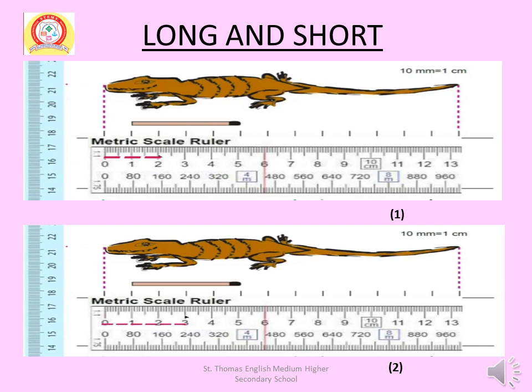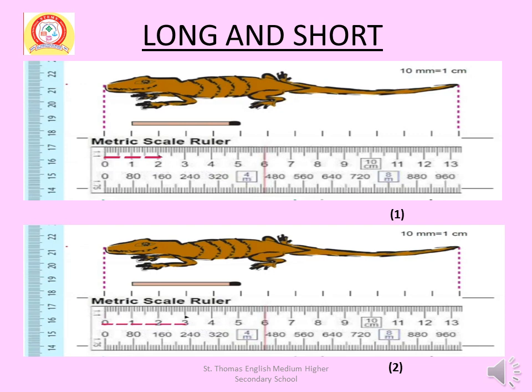Now to measure the length of the lizard, we will place the 0 mark of the ruler aligned with its mouth and mark the tip of its tail on the ruler.